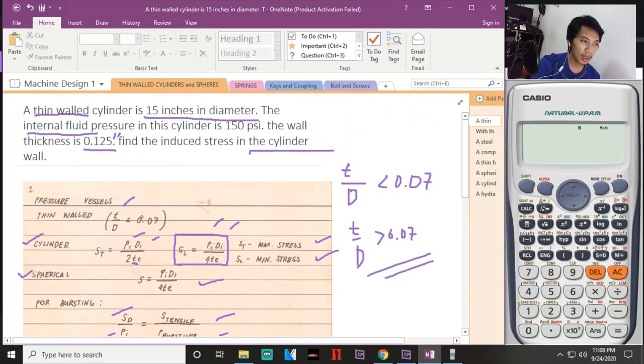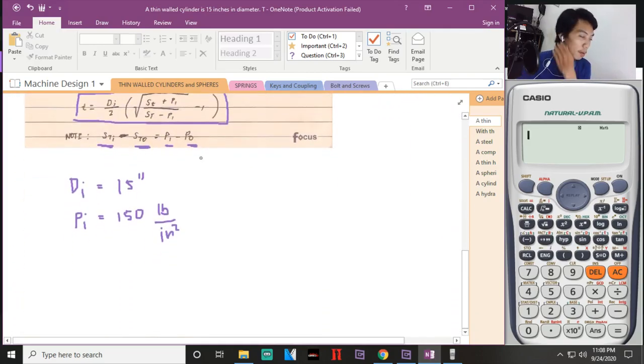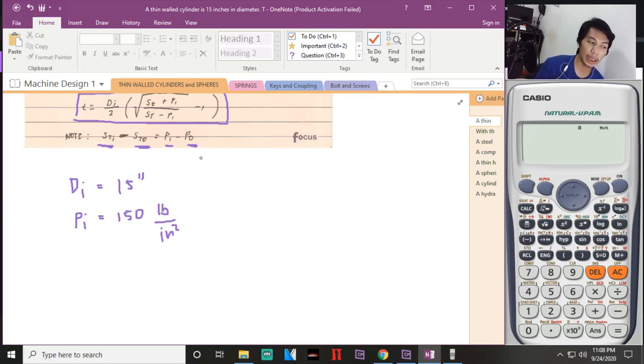Ang lagi mo dyan sasabihin, induced stress, kapag hindi binigay ko maximum or minimum, kapag induced stress, that is always maximum. Okay? Yun ang gagawin mo. Hindi binigay sa problem if that is maximum. Okay? Check mo dun sa given kung nandun ba yung sagot. Pero lagi mong unang itatry will be the maximum pressure.